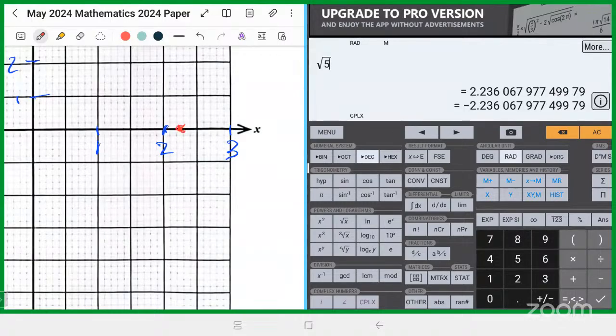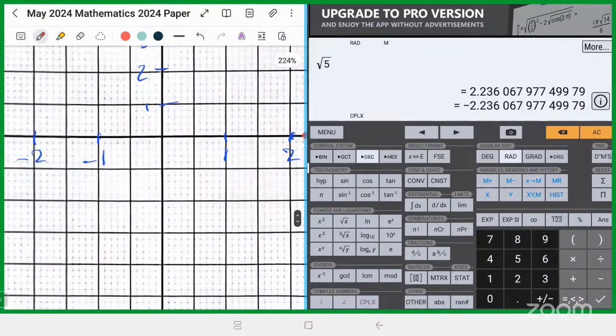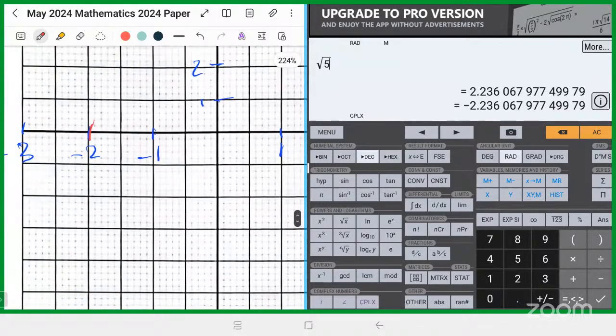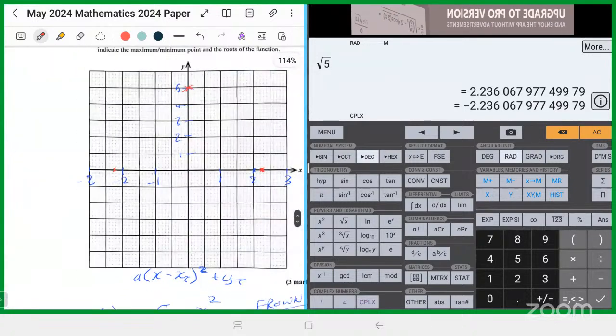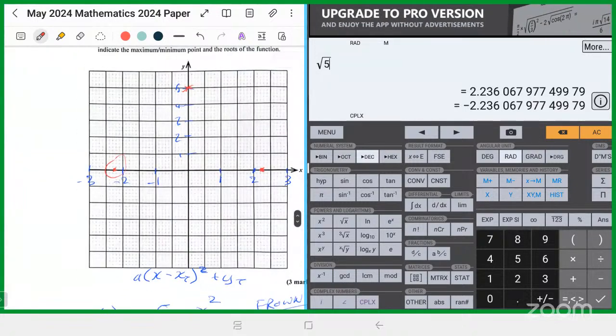So you're going to cross the x-axis right there, and same thing over this side, negative 2, negative 2.1, 2.2, 2.3. So maybe somewhere around here it's going to cross the x-axis. Just need to sketch that now: a frown that passes through these two points and turns up here. So I'm just going to sketch it like that.